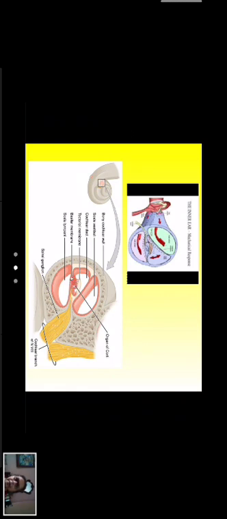So this is the scala media. The organ of Corti is made up of several types of fibers and cells. Above the organ of Corti lies the tectorial membrane, like a covering. It covers the organ of Corti.